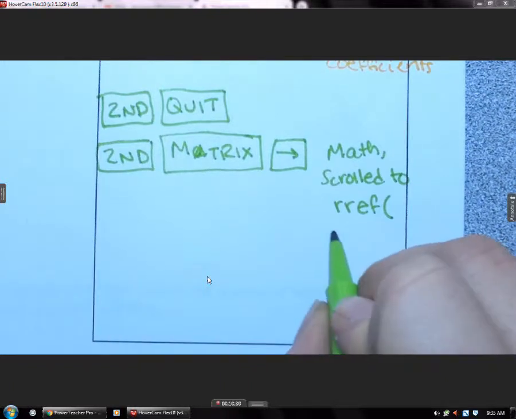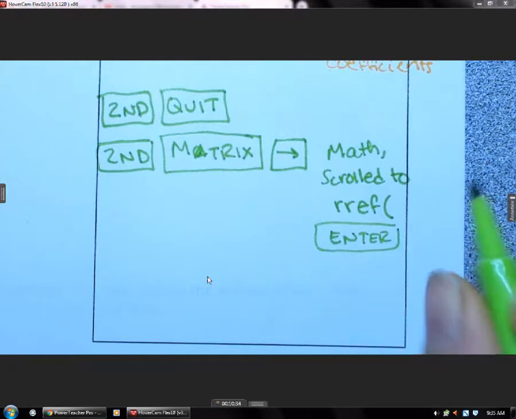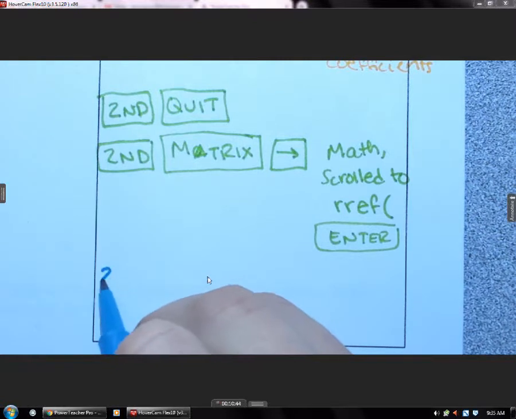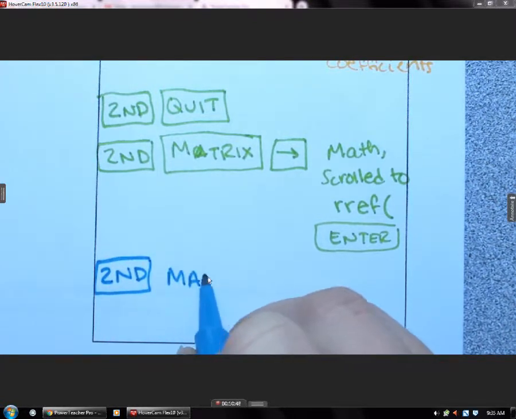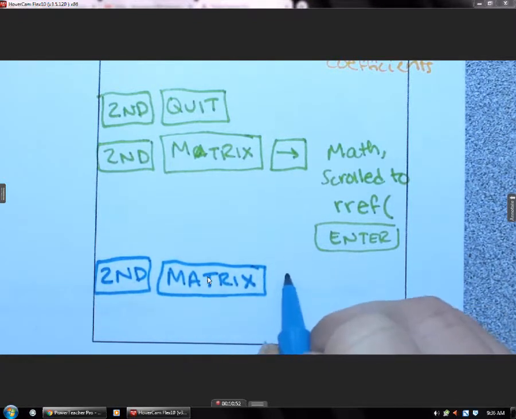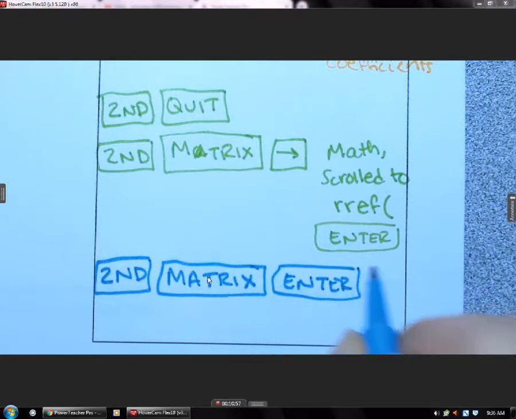Then we pushed enter. Then we pushed second matrix again. And then we just pushed enter. And then you push enter again.